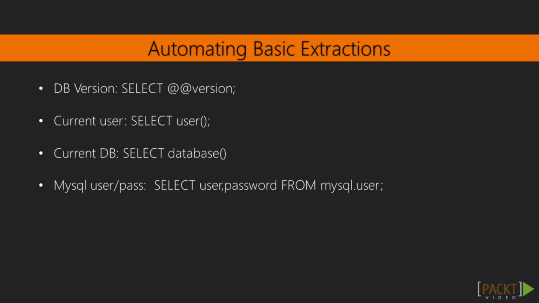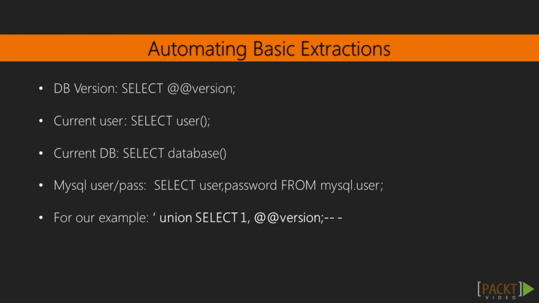The first thing we want to obtain after we get a working SQL injection is information about the database we are working with, like the database version, the current user, current database, etc. In order to do so, we need to use select @version. We'll obtain the database version. Select user. We'll get you the user that is running the database.